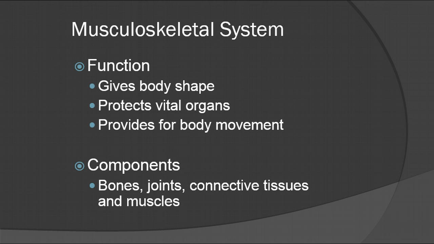It mainly does serve as a protective mechanism for us, and it does protect our vital functions from being injured, as it is almost a shield for our vital organs. And then the components are bones, joints, connective tissues, and muscles.